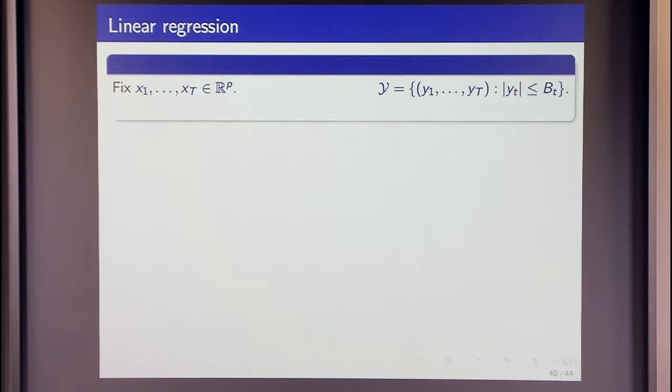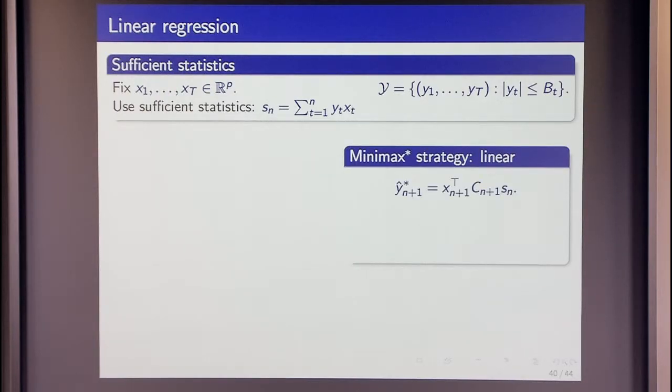So it turns out, subject to some constraints, right? The adversary has these values yt constrained to have absolute values smaller than some bound. The optimal strategy turns out to use some simple sufficient statistics. Let's consider this sum of yt times xt. And the Minimax strategy is linear, so it's very much the flavor of least squares.